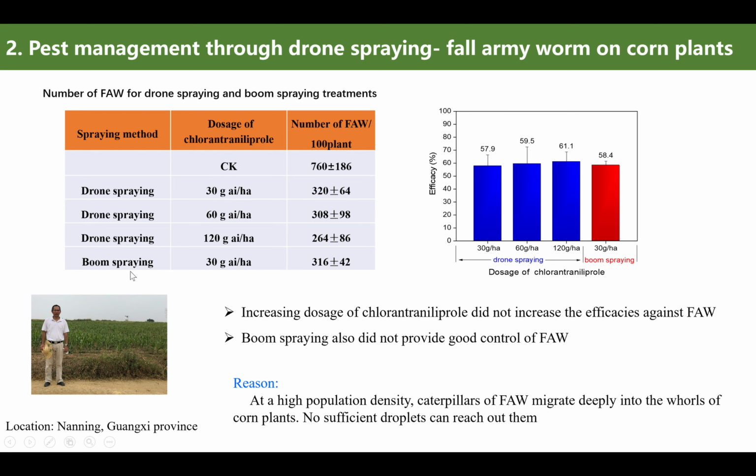Even for boom spraying, the boom spraying did not provide good control. The reason, I think, is at high population density, caterpillars of fall armyworm migrate deeply into the whorl of corn plants. No sufficient droplets can reach them.